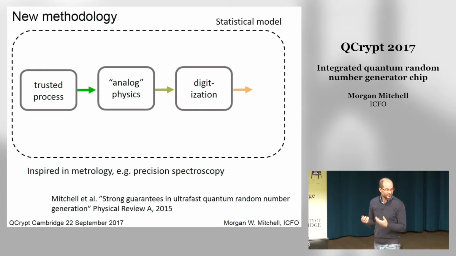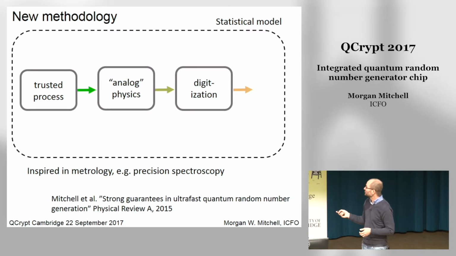In the digitization process, which is also a physical process, we have to have a model for how that's going to work. But then at some point, what comes out is in digital form, and it's passed through digital electronics that are somehow above any kind of suspicion. And so we can stop worrying about the problem at that point.